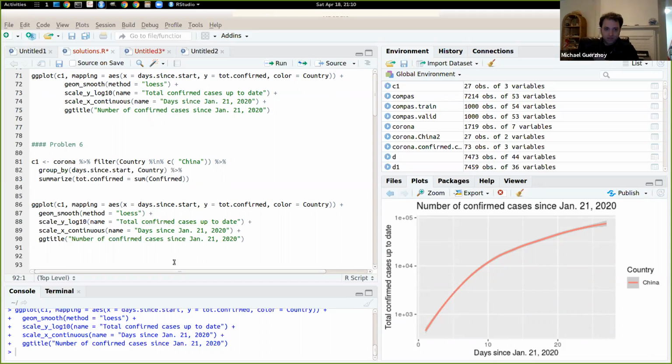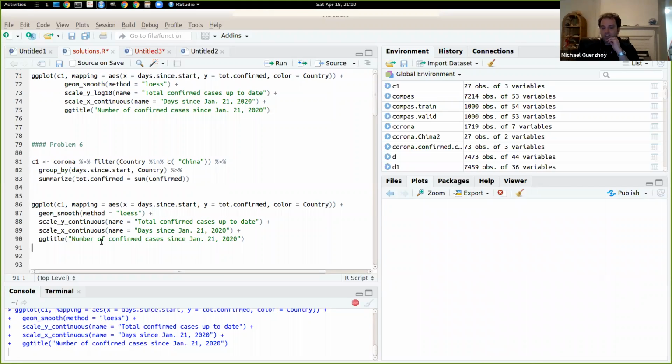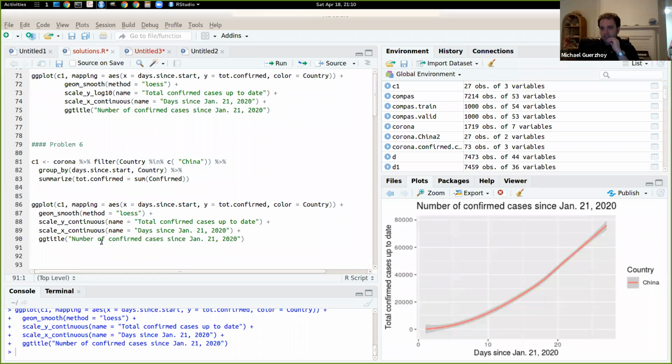Certainly if you tried to do just scale y continuous, which is the alternative, what you would see is something that's also not quite linear. So in order to see better, we should probably also add geom point here just to get an idea of what the points will look like.